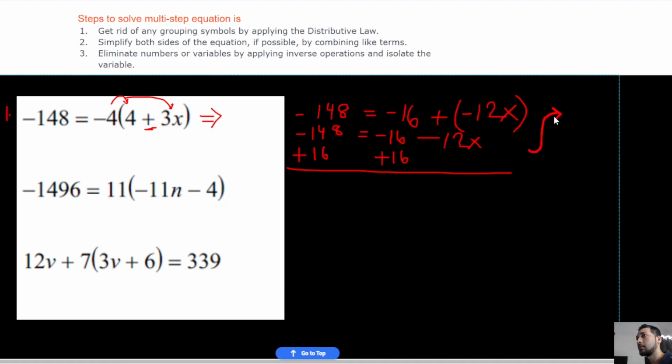If we add 16 on both sides, we get negative 148 plus 16, that is negative 132, equals negative 12x. Now we can divide both sides by this negative 12.